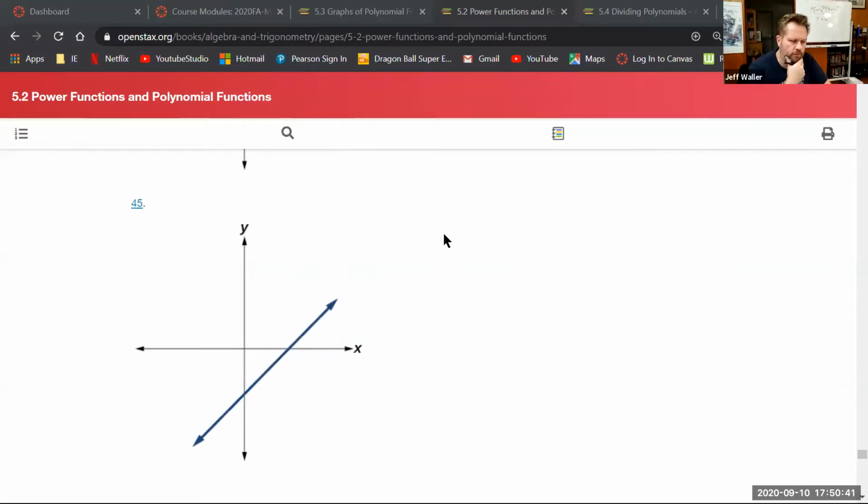Give me your guess as to what the equation might be. It's got a positive slope, so we can say y equals x, and then maybe minus 4, right? That's a possibility. Are you with me?